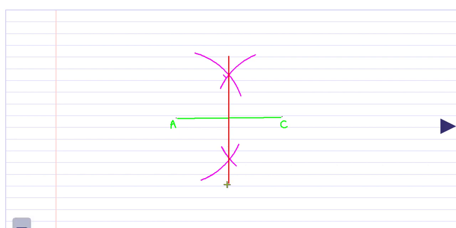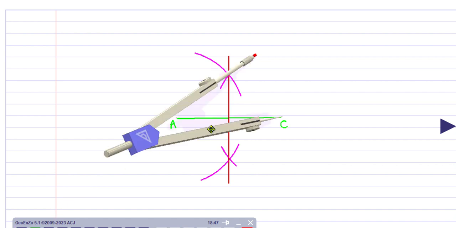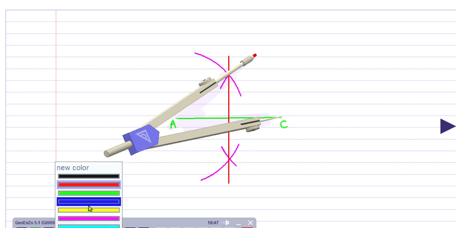This red line segment is perpendicular to the green diagonal AC and is meeting it at its midpoint. That is, it is making 90 degrees and it passes through the midpoint. So what else is left? Again back to the compass, children.